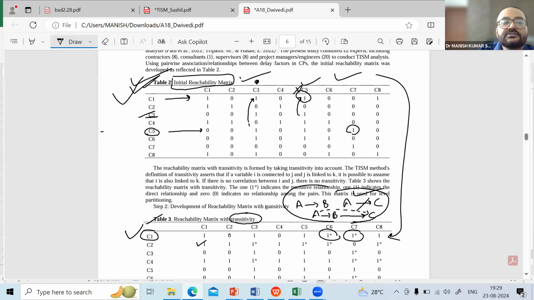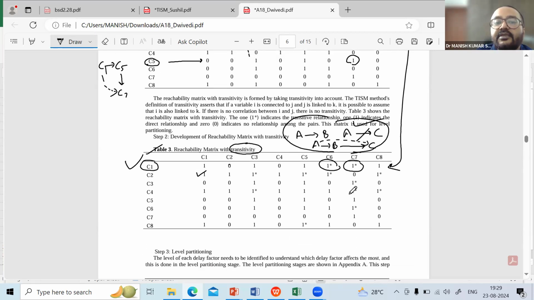So C1 is impacting C5 and C5 is impacting C7. So it means there is an indirect relation between C1 and C7. So this indirect relationship will be 1 star. Can you see 1 star here?